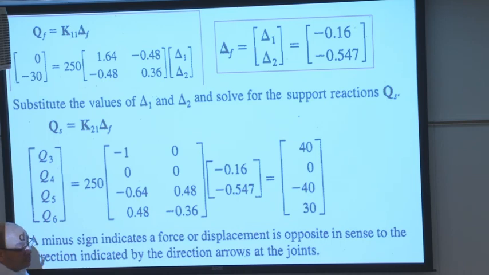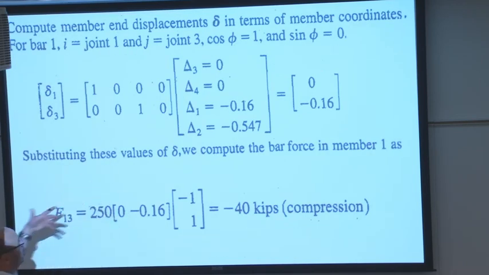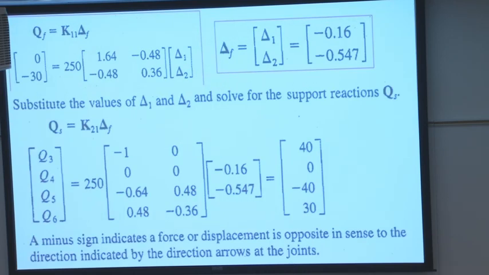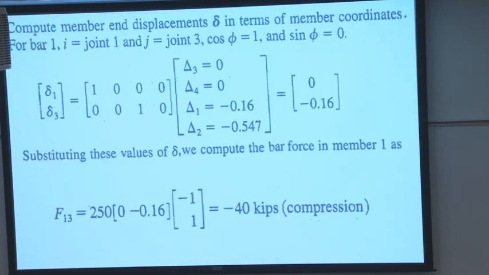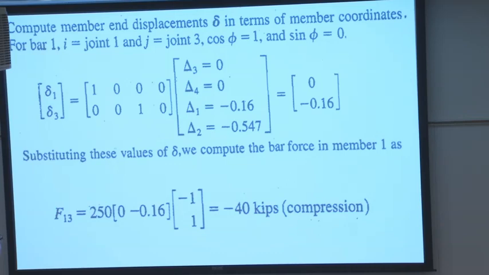All right? What's next? I think what's next is to find the force in the member. So if you would like to get the force in the member, basically you can relate the local displacement and the global displacement, and you can substitute to get the force in the member as such. So you were able to figure out the displacements at the near and far ends in a local format, as you can see right here, delta 1 and delta 2.